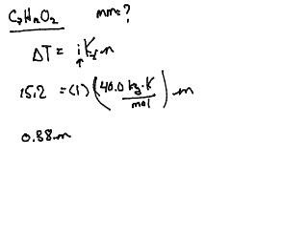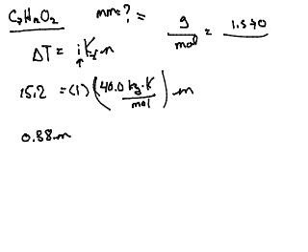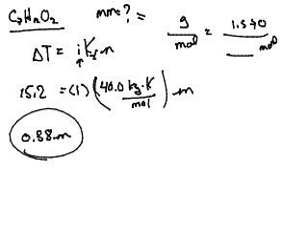Now, we know, by the way, molar mass is grams per mole, right? What are the grams? They gave it to you. It's 1.57, right? So if I had the moles, I could plug it in and get my answer. So this molality is going to get me the moles.